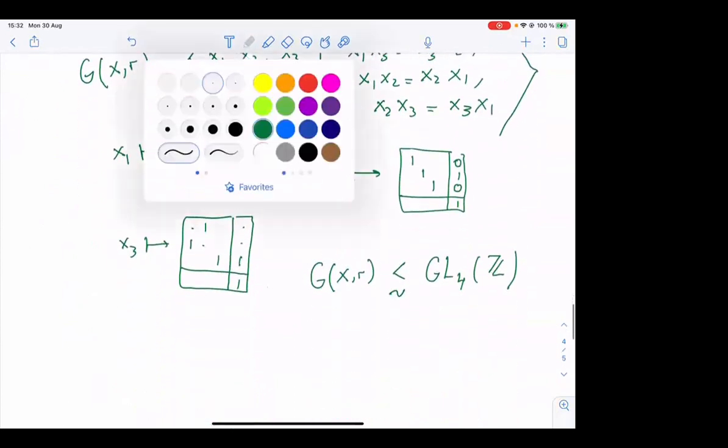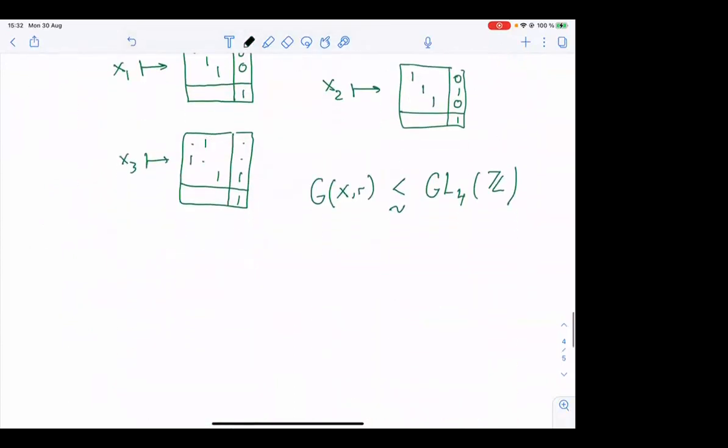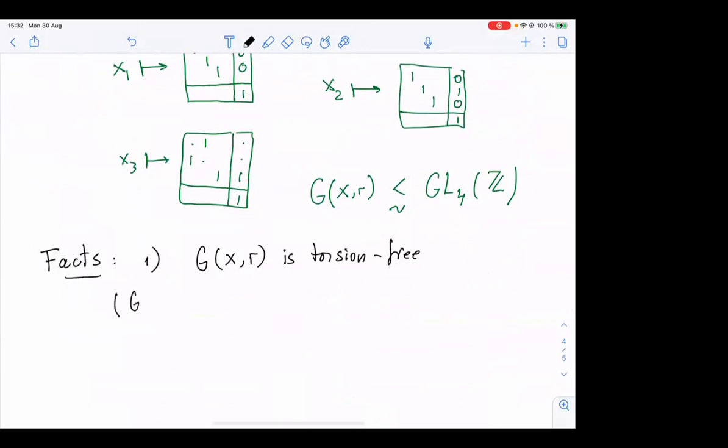And let me mention some facts about these structure groups. The first one is that structure groups are torsion free. The structure groups have many other properties, but let me mention just that they are torsion free. This was proved by Gateva-Ivanova and Van den Bergh.